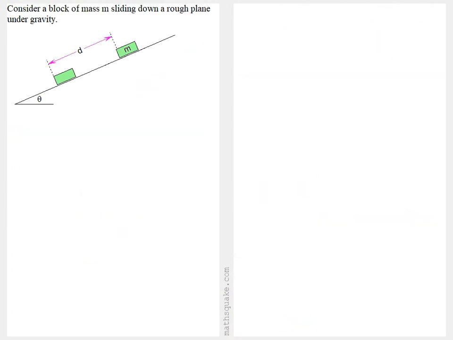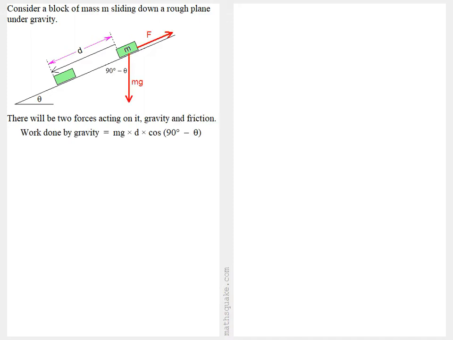Consider a block of mass m sliding down a rough plane under gravity. There will be two forces acting on it, gravity and friction. Now the work done by gravity is the force times the distance moved times the cosine of the angle between them. So that's mg times d times the cosine of 90 minus theta.